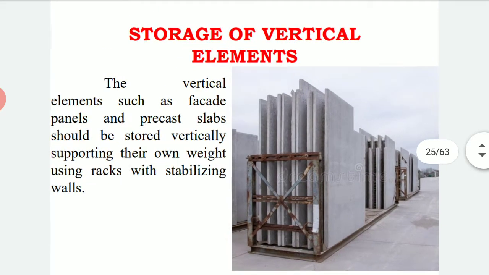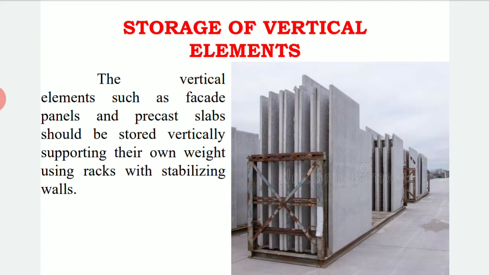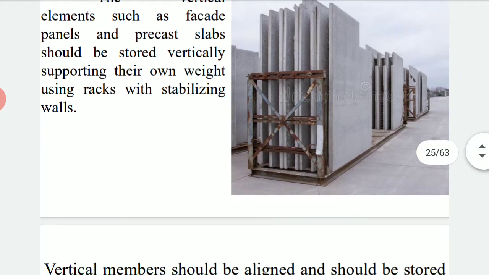Here you can see how they have stored the vertical elements such as wall panels. Certain racks have been used, such that within those racks these vertical elements can be stored without causing any distress within their body.